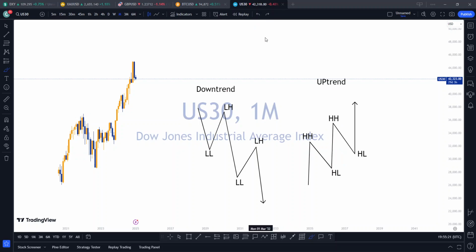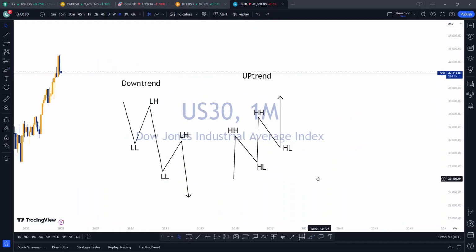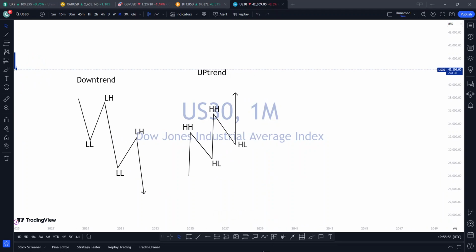Just like that again, we had this impulse, we had the retracement right here, and the next impulsive move actually broke the previous high. So that's how we know that the market is going to continue to the upside until something else happens, until the market changes.